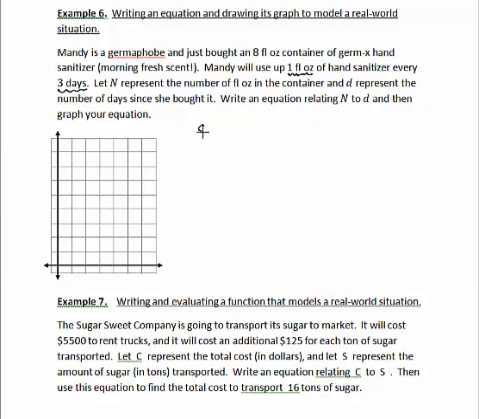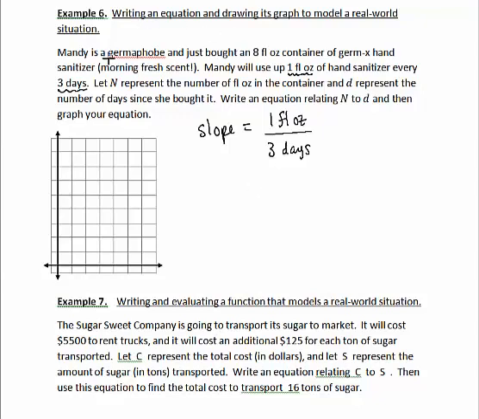In this case we say our slope equals 1 fluid ounce every 3 days, which we could write as 1 fluid ounce per 3 days. And the other thing to pick up on in these application problems is usually we're given some starting or initial value.